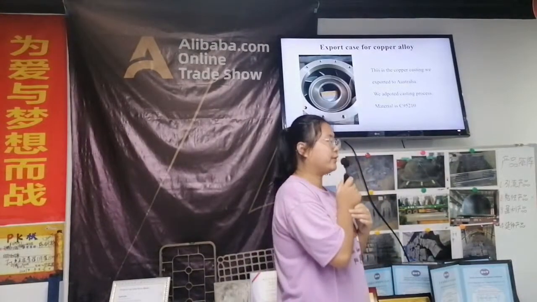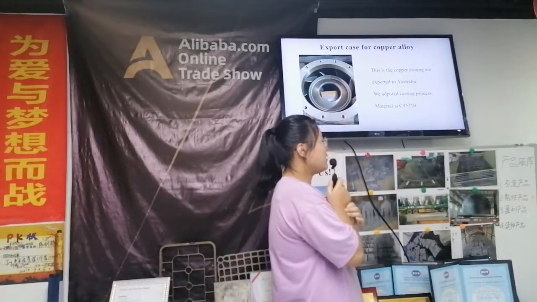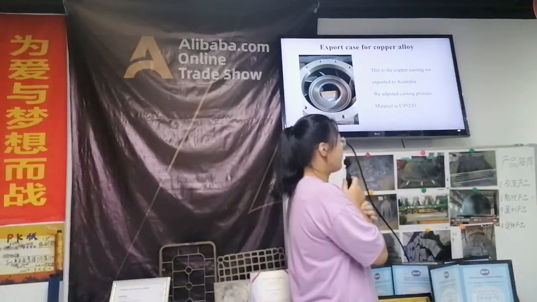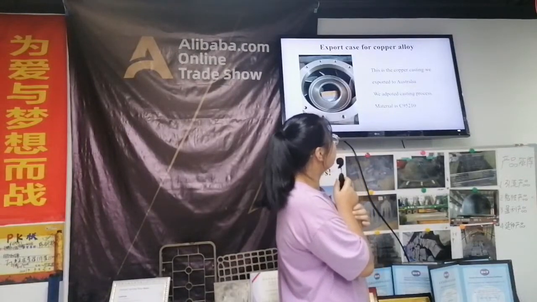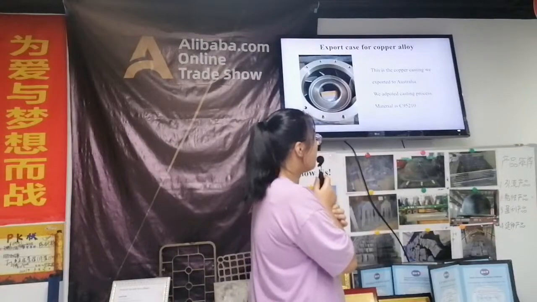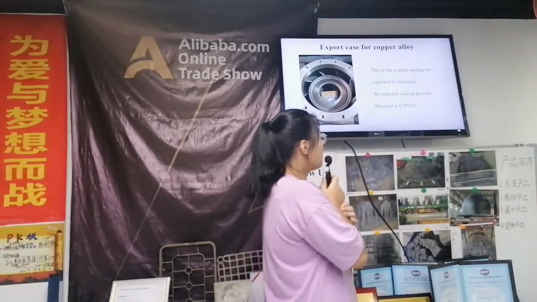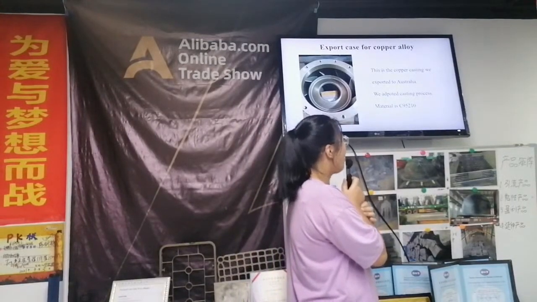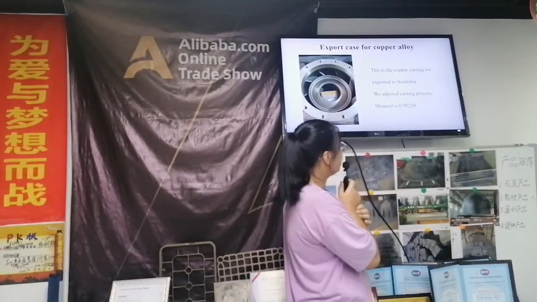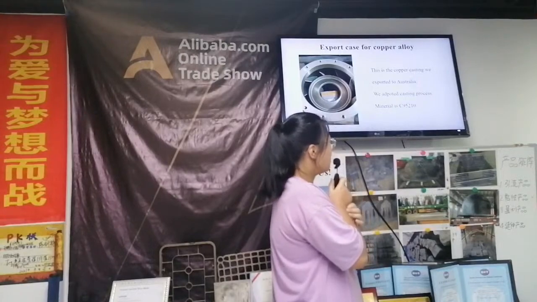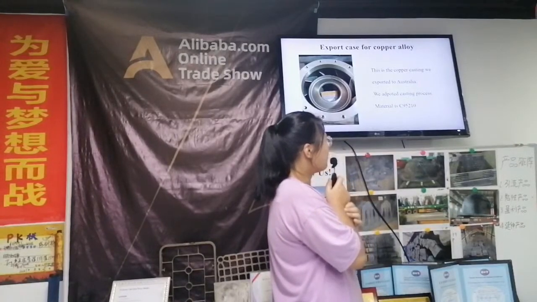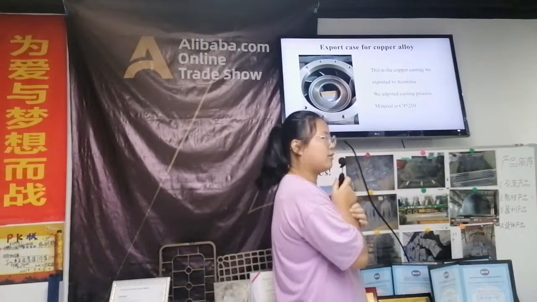You can see this photo is our products for copper alloy. This is the copper casting we exported to Australia. We adopted casting process. Material is C95210.